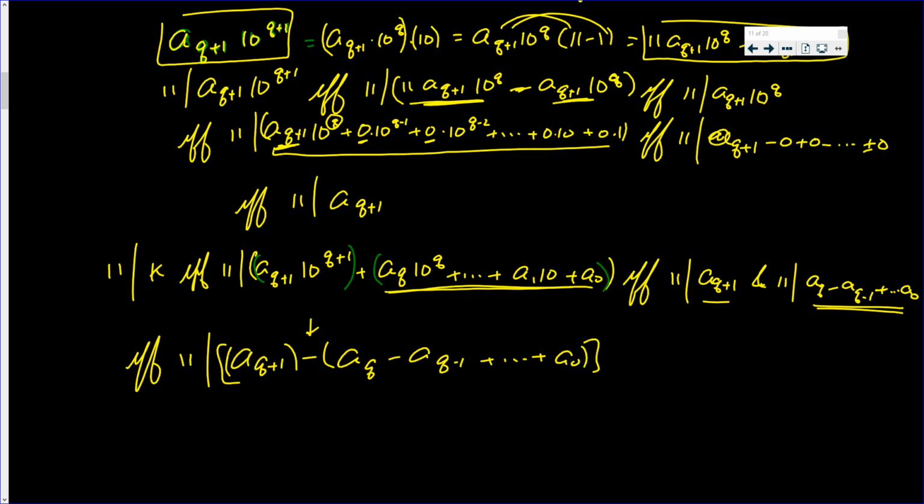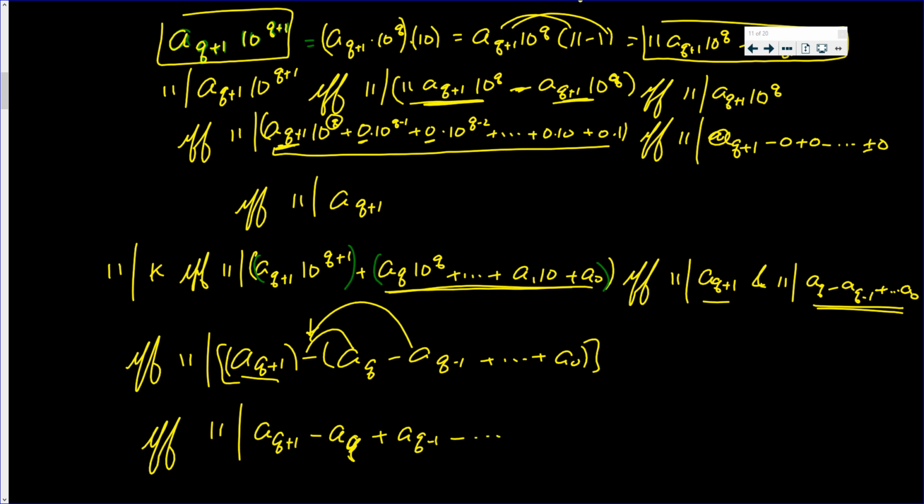I mean, I could have said add, but I'd rather not, because I want this to be a(q plus 1) minus aq plus a(q minus 1) minus all the way down to, maybe I'll say minus plus a0. Okay, so we got what we wanted. 11 divides k if and only if 11 divides that. And that completes this proof.